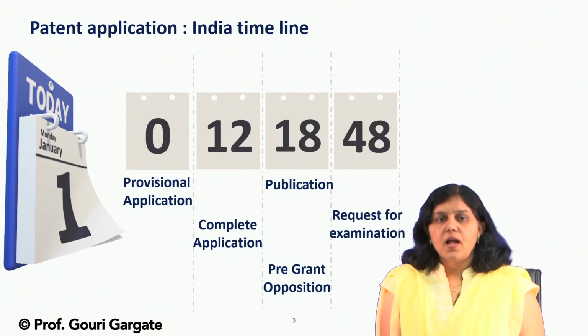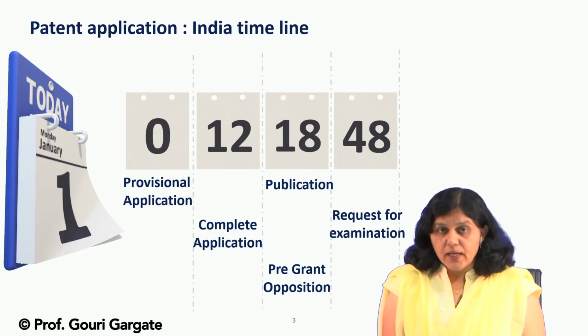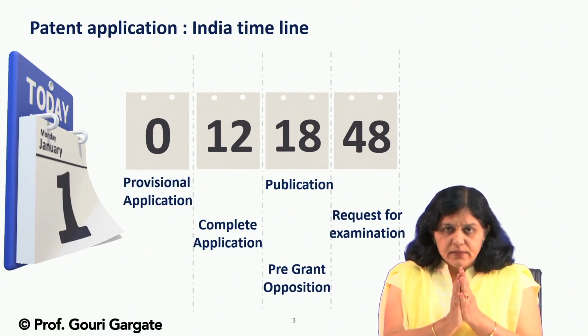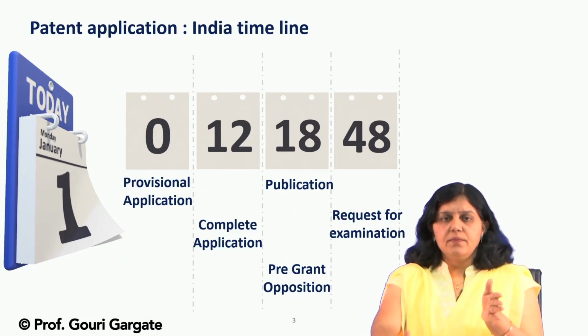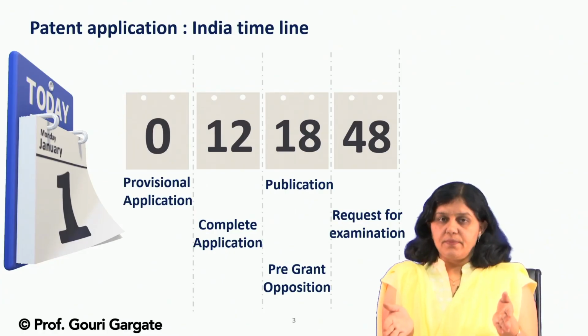Now, the next is examination. So, it is written there as 48 months. What is the meaning of that? It is a timeline, that is, how much time is there in your hand, or in the hand of the applicant, to file the request for examination.